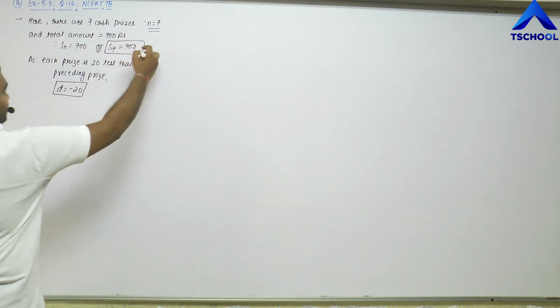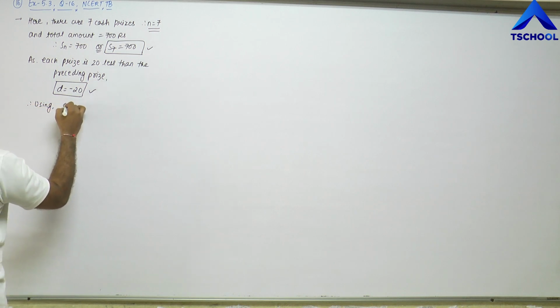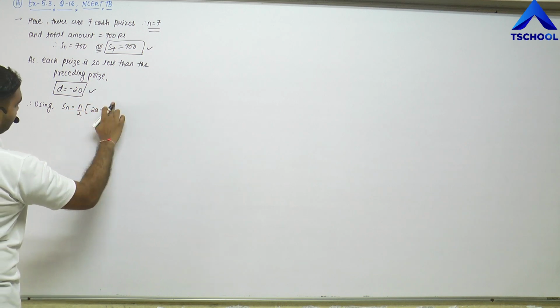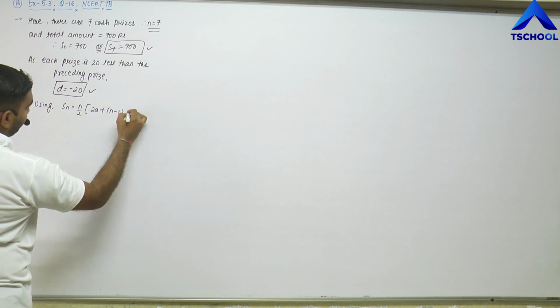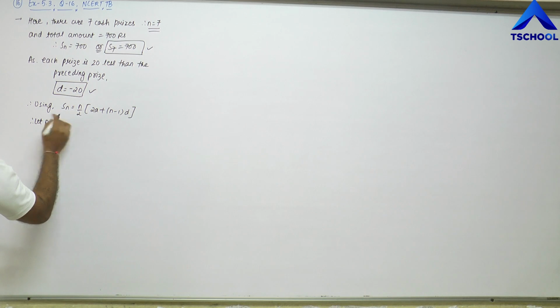So we got two things, that is S7 equals to 700 and the common difference D is equals to minus 20. Now using these two, we shall find out the value of the first prize so that we can easily get the remaining things. Therefore, using Sn is equals to n by 2 into 2a plus n minus 1 into D, let n equals to 7.